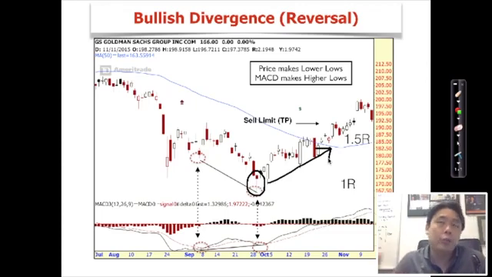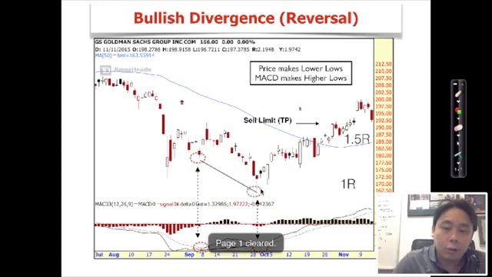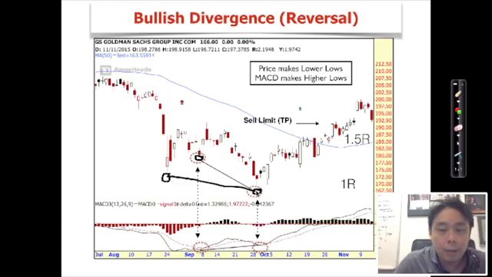So again, for bullish, you always connect and compare swing lows. So what you're going to do is connect this swing low to this swing low. Could you connect it to this swing low? Yes, you could. You could also connect these two together.